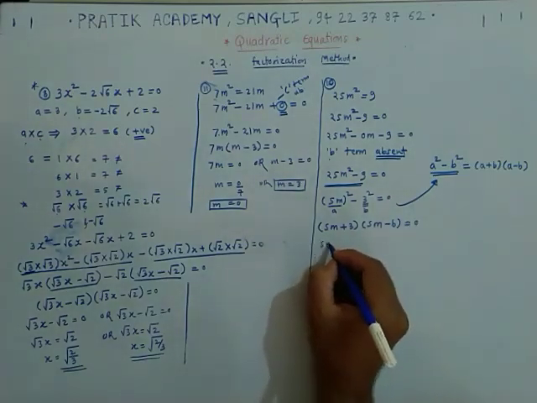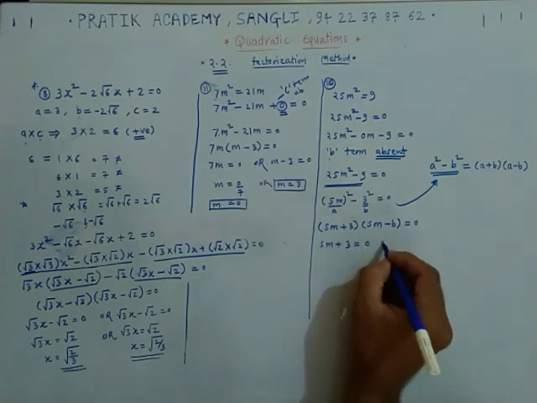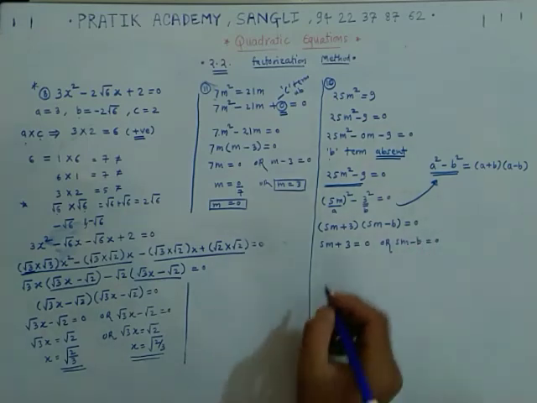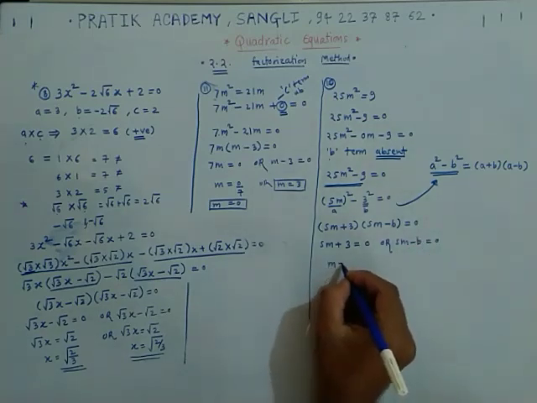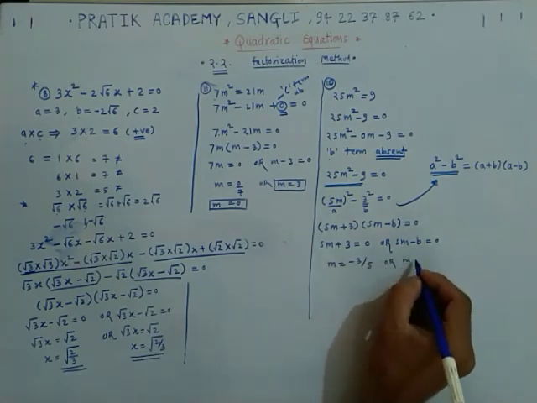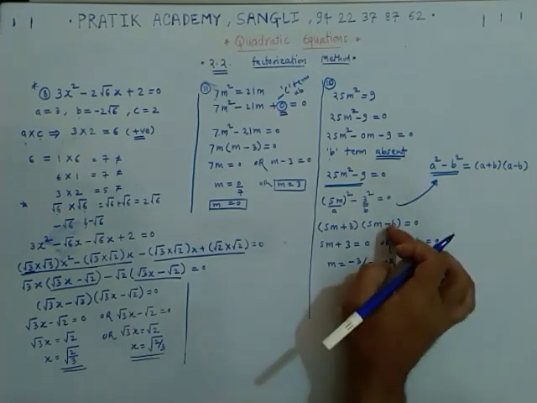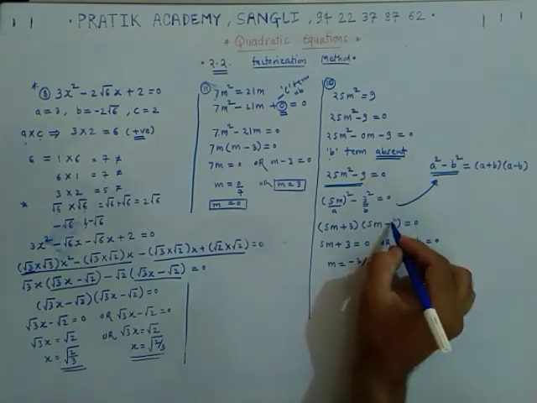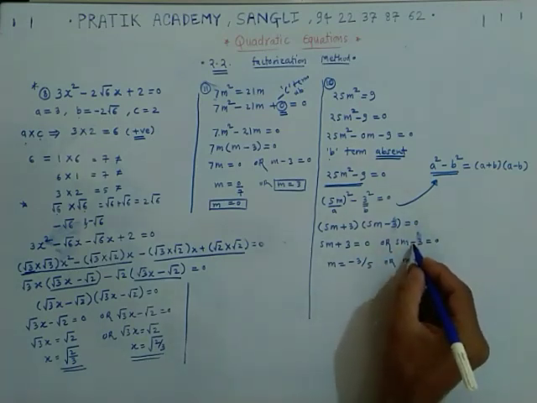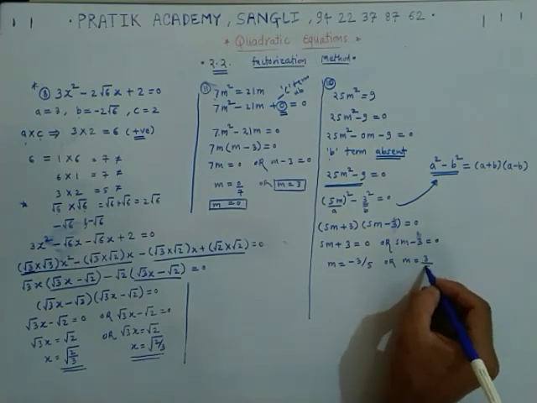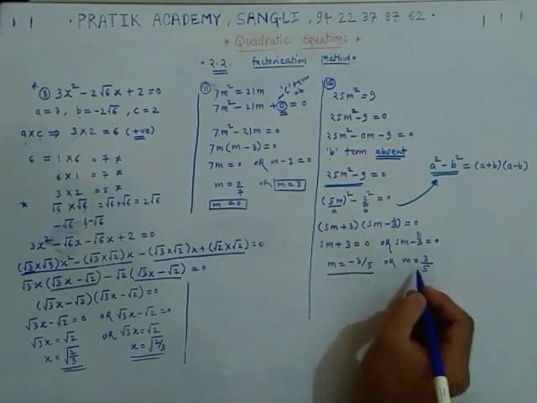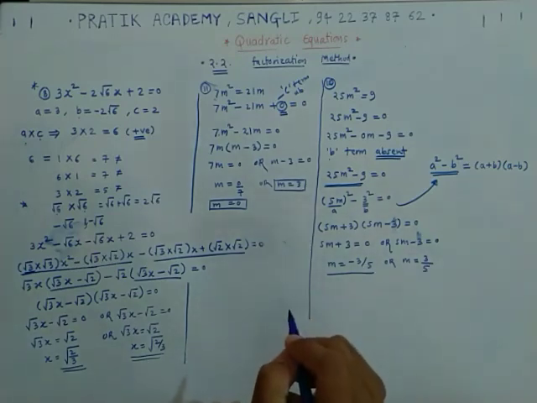That is 5m plus 3 is equal to 0, or 5m minus 3 is equal to 0. That means m is equal to minus 3 upon 5, or here minus 3 becomes plus 3 divided by 5. So the value of m is minus 3 upon 5 or 3 upon 5.